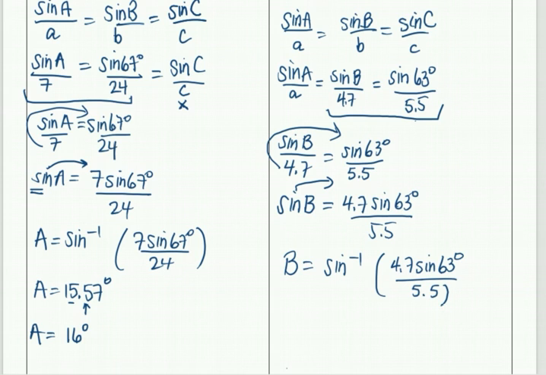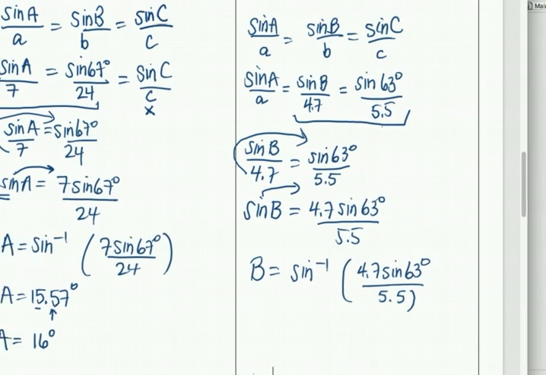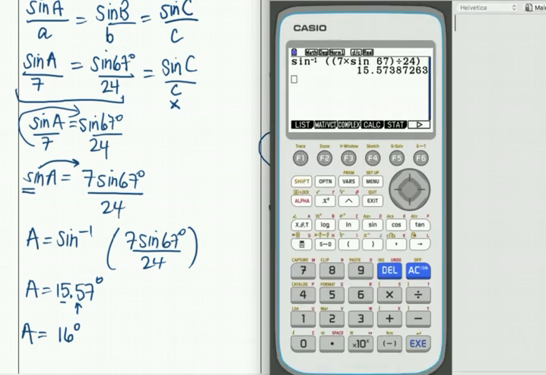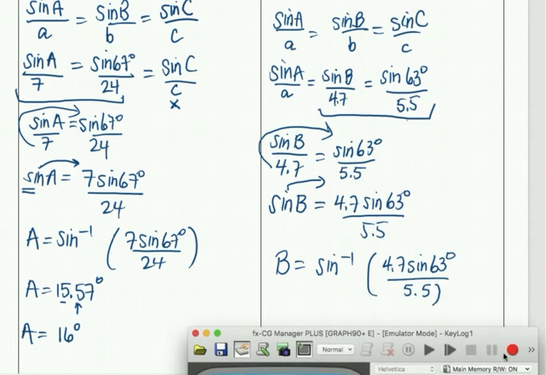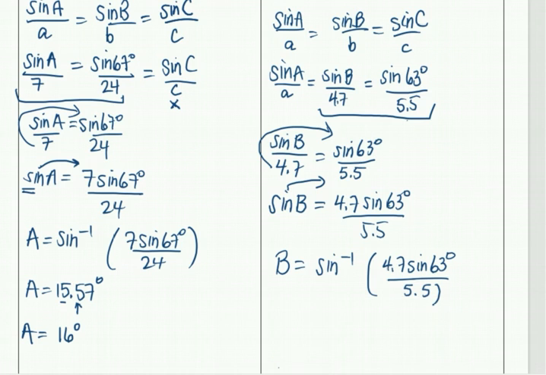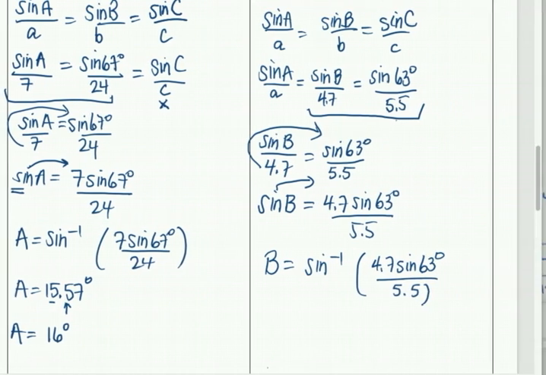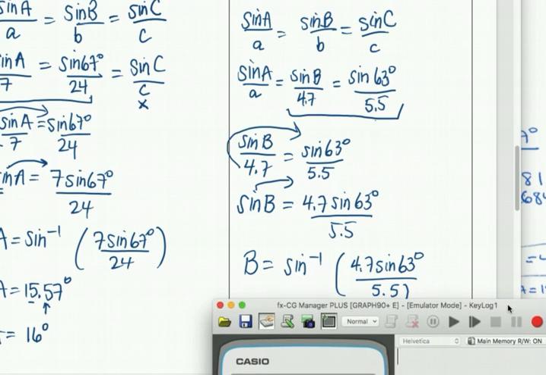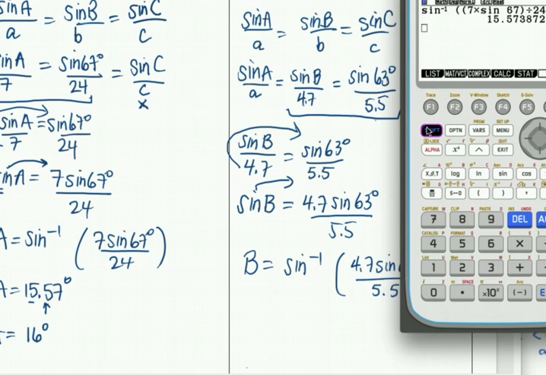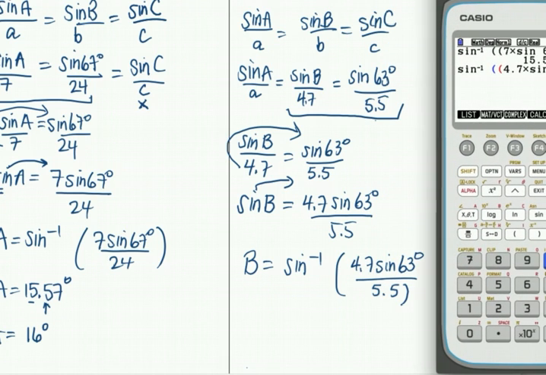Okay, so let's use our calculator again. So we have inverse sine first. So shift inverse sine of, and I'm going to go a couple brackets again, 4.7 times the sine of 63.